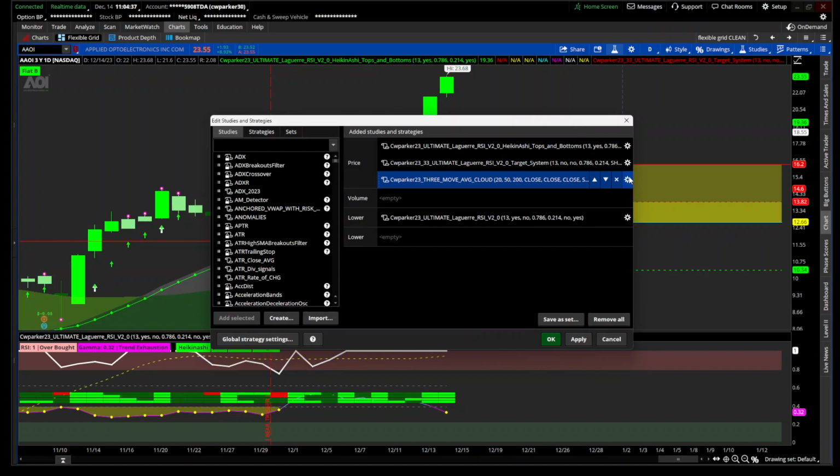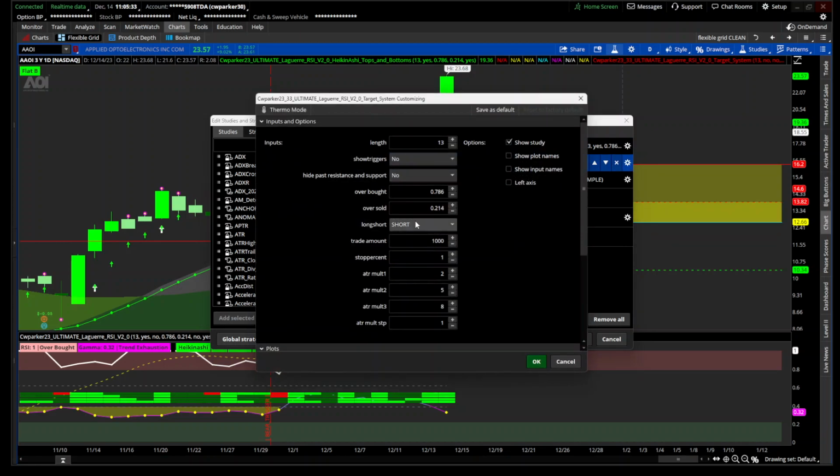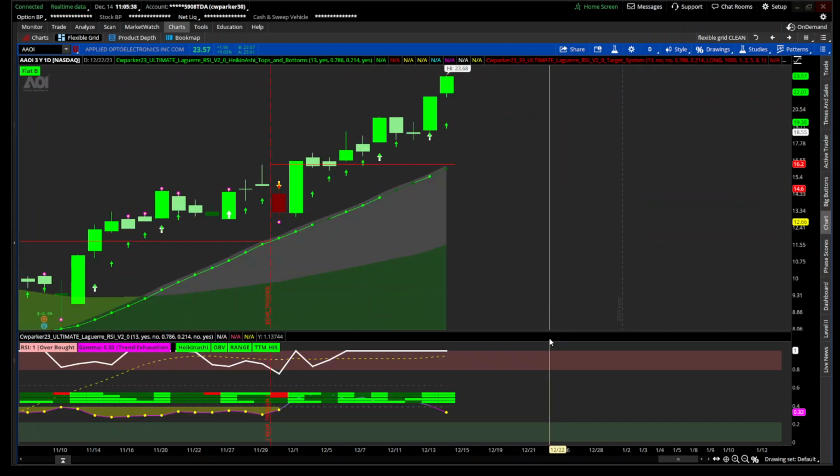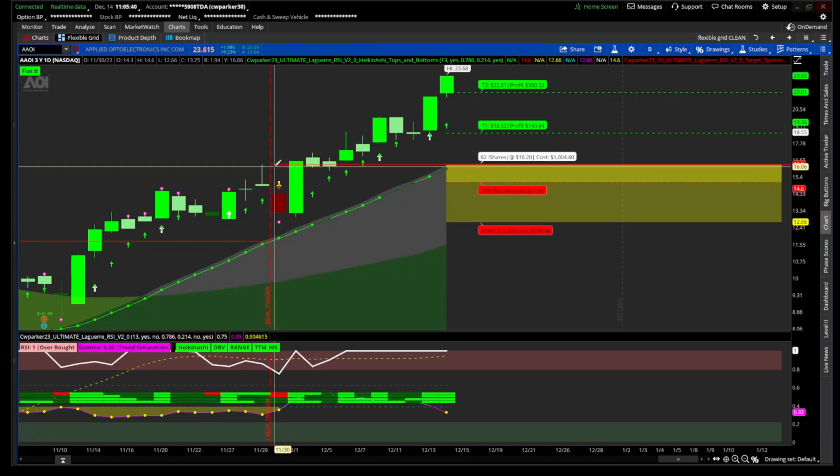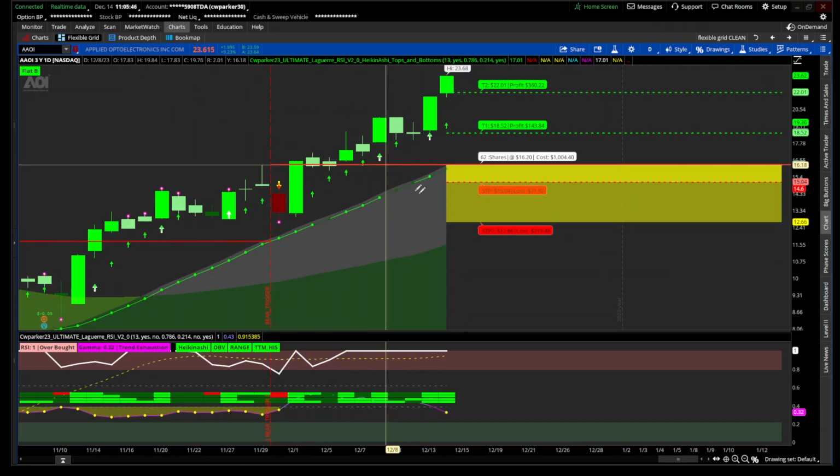So I am going to switch this back to long. And like I said before, this is your resistance level or your past resistance level. It wasn't shown before, but you can have them show up or you can hide them.